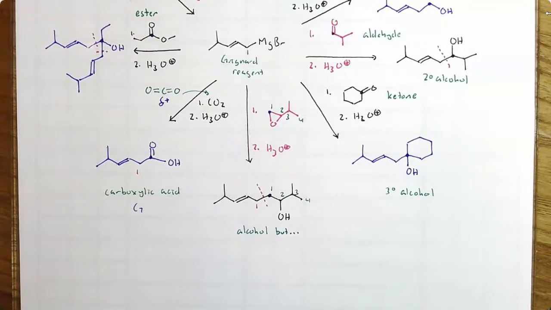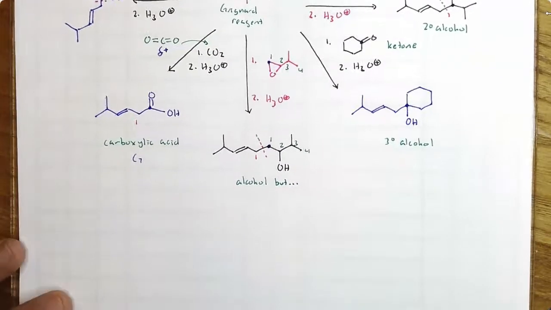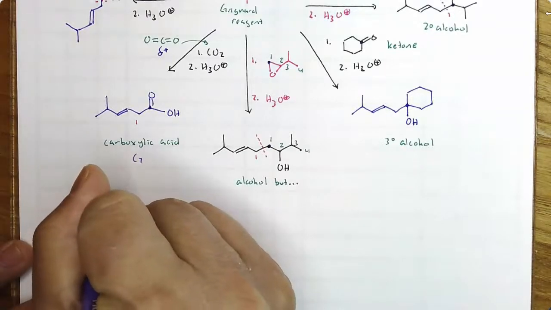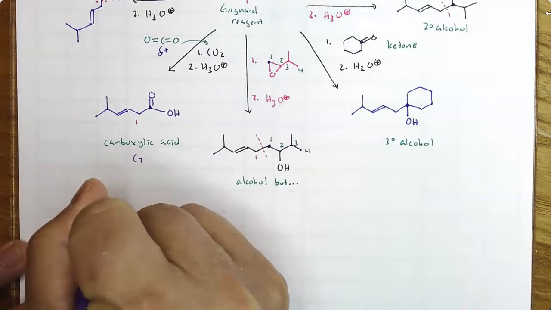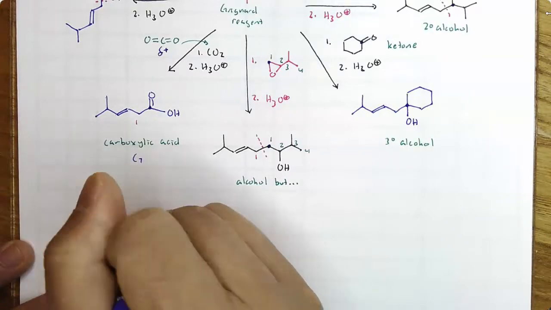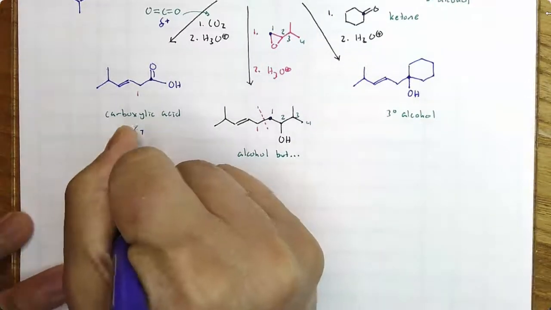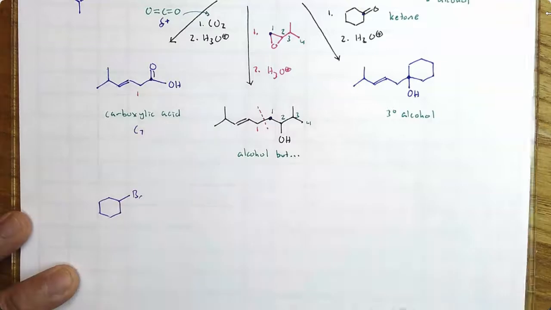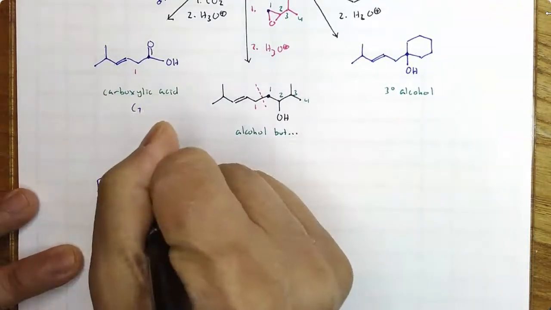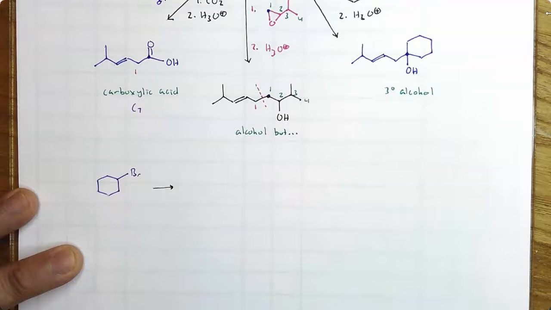We're going to make a Gilman and then we are going to react it. Let me start with a simpler alkyl halide. Or maybe not simpler, but a different one. So to make the Gilman from an alkyl halide, do you remember? You first convert it to the organolithium.